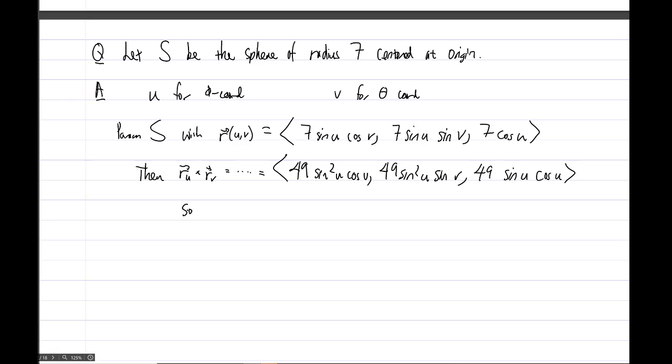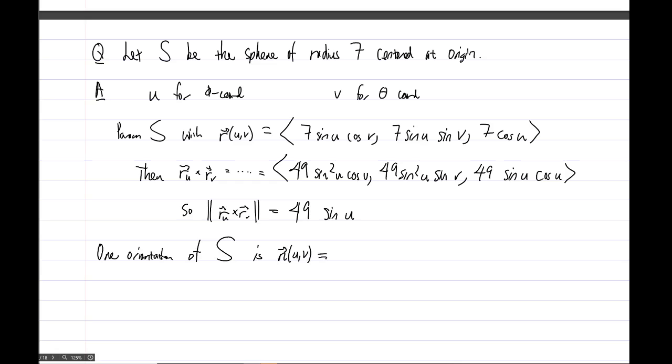So based on this, if you took the magnitude of this vector here, r sub u cross r sub v, the vector that we just got, if you compute its magnitude, again, not showing all the details right now, it is 49 times sine of u. So this means that one orientation of this sphere S is n, which is really a function of u and v.